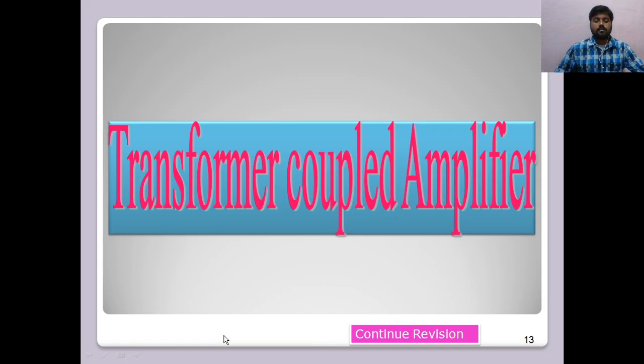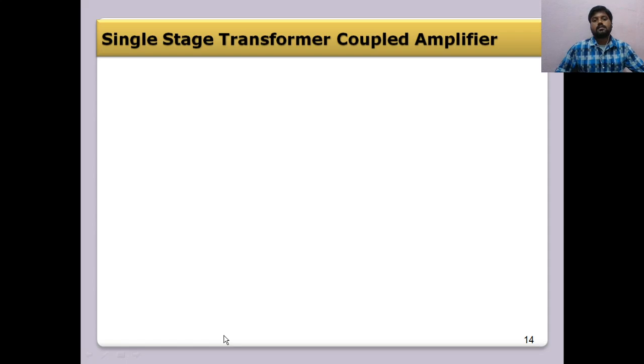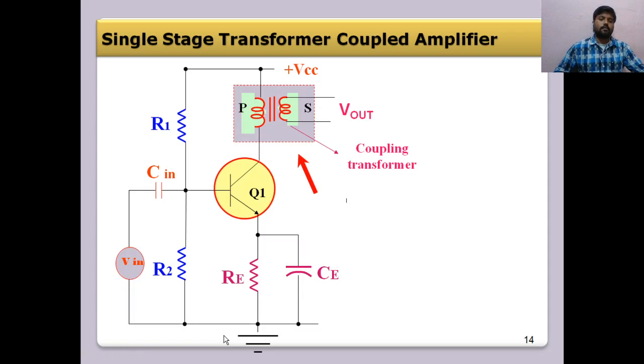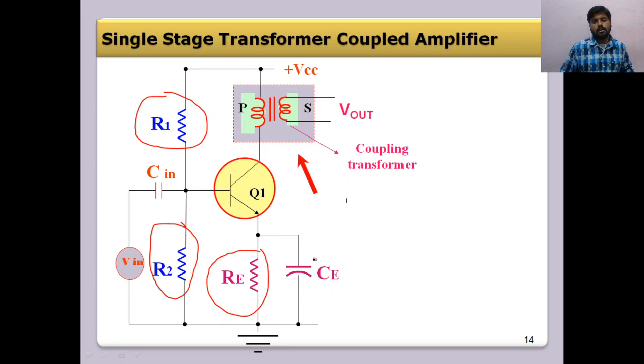Let us see the circuit diagram of the transformer coupled amplifier first, a single stage transformer coupled amplifier. If you observe, R1 and R2 are providing the biasing for self bias, RE is for the temperature stabilization, and C is the emitter bypass capacitor, we know.